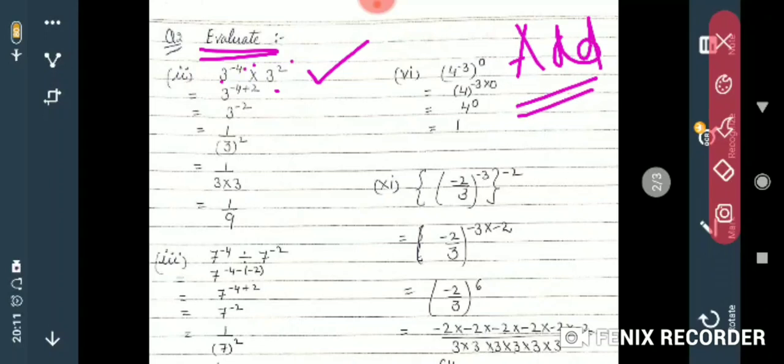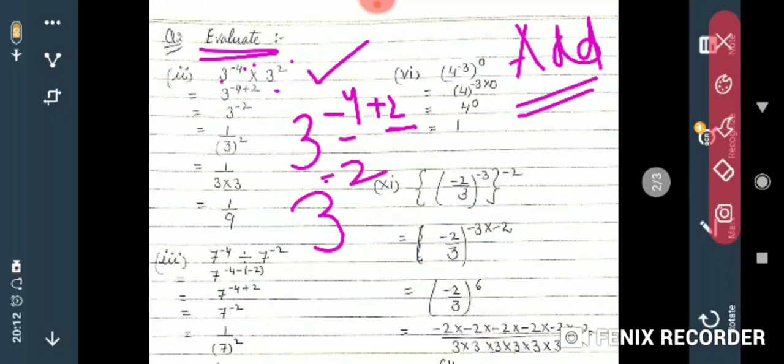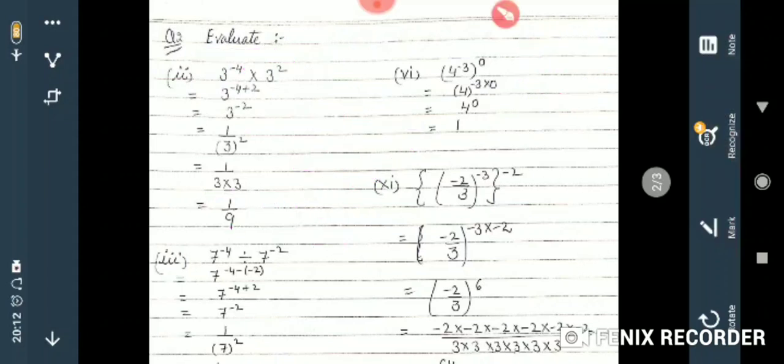Minus 4 and 2. So 3 to the power minus 4 plus 2. What will we get? Minus 2. Yes. Then as the power is negative, what will we do? We will do the reciprocal. So 1 upon 3 to the power 2. So we will multiply 3 two times. So 1 upon 9.